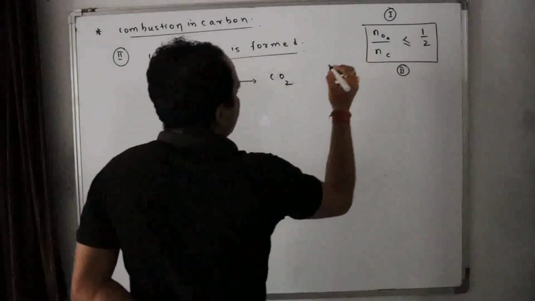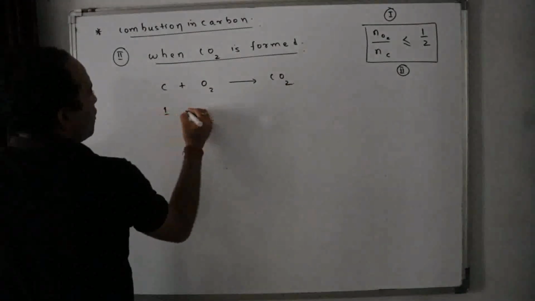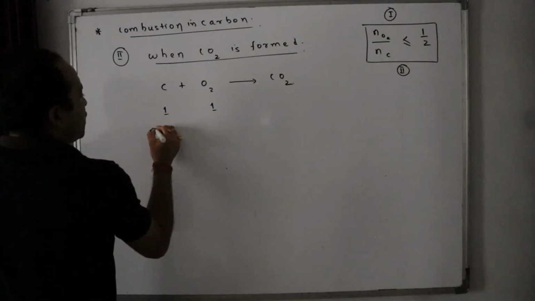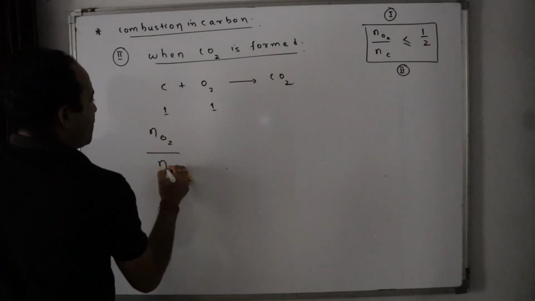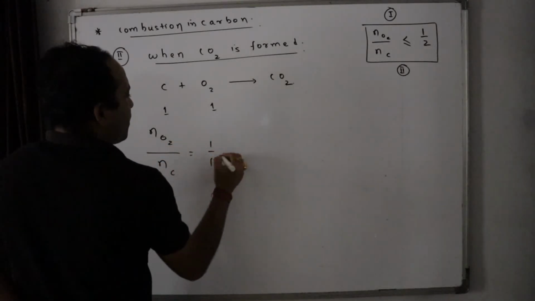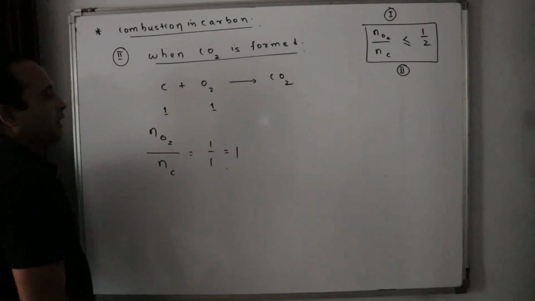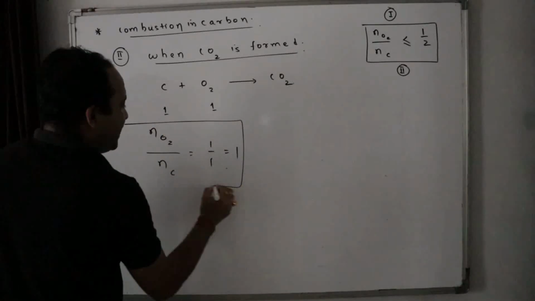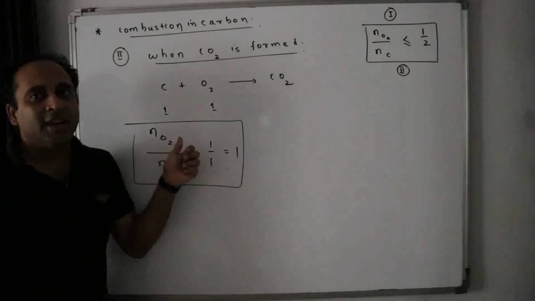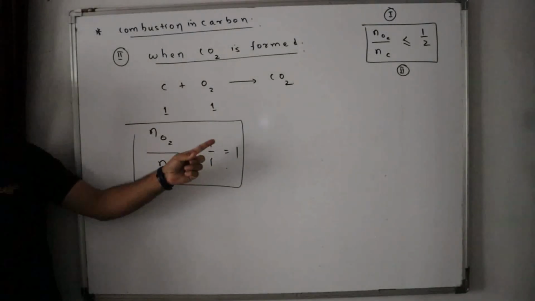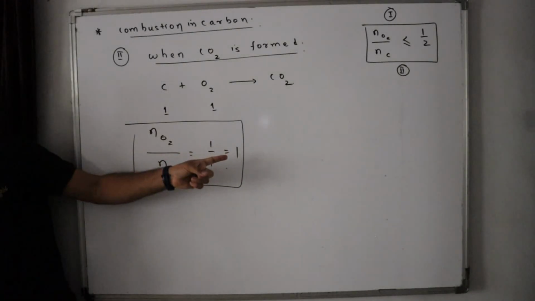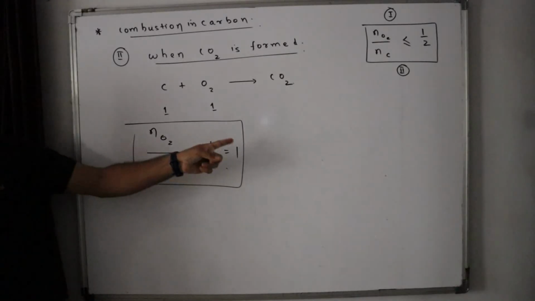Sorry, I forgot O2 right here. Here, how many moles? 1 mole. Here, how many moles? 1 mole. So the number of moles of O2 by the number of moles of carbon is what? 1 by 1, that is 1. That means if you find the number of moles of oxygen to the number of moles of carbon is 1, then what will come? Carbon dioxide.